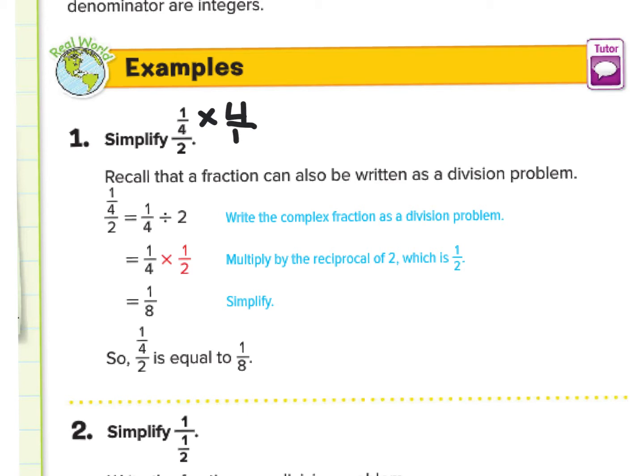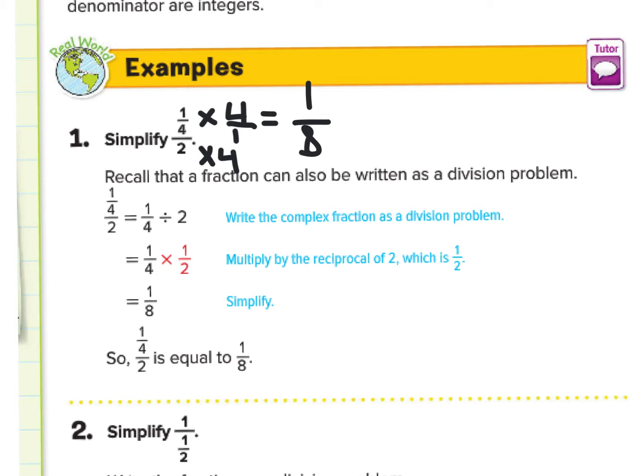And when you multiply the top with the top, you get 1 times 4 right here. 1 times 4 is 4, and 4 times 1 is 4. So 4 over 4 would be 1. That would bring us up to a whole. But remember, whatever you do to the top, you must do to the bottom. So the bottom number, the 2, also needs to be multiplied by 4. And 2 times 4 is 8. So that will become 1/8.